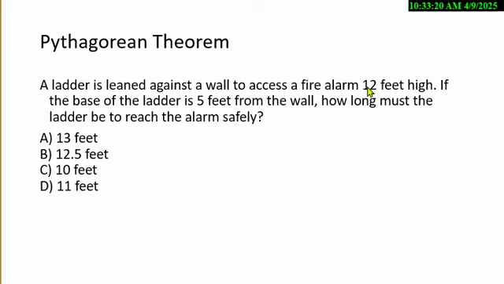The ladder is leaning against the wall 12 feet high. So the wall is vertical, 12 foot. The base is 5 foot away. So Pythagorean theorem is a squared plus b squared equals c squared, the c being the hypotenuse or the diagonal. So how long does the ladder have to be to reach that area?